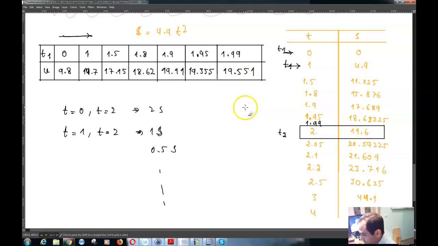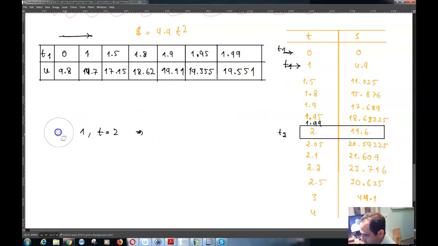Now this is all good, but the problem with this process is that I'm not allowed to calculate the exact velocity at t is equal to 2.